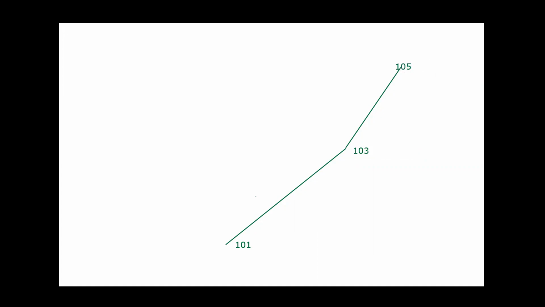Let me get my pencil here. So this is north. And don't tell the professor I'm not drawing a straight line. I'm using the mouse here. This is 30. And this is 105.